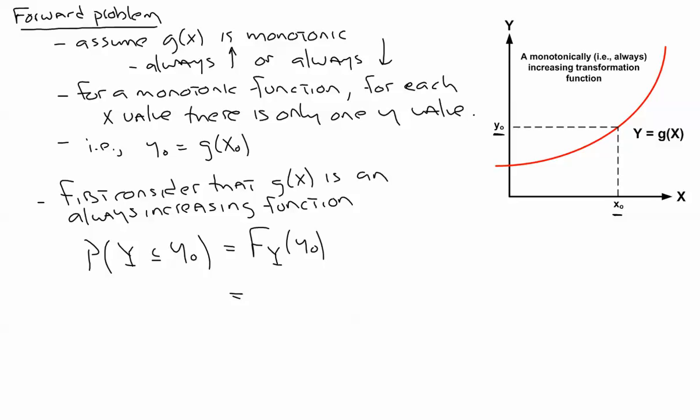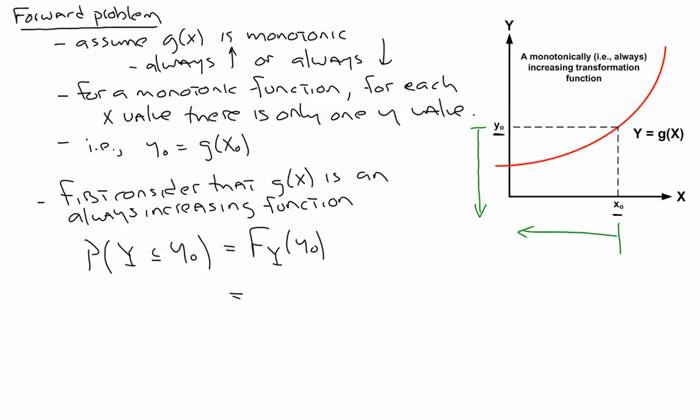Let's see if we can reason this out by looking at my figure. The probability that y is less than y naught, since I have a monotonically increasing function, I hope you'll agree with me that that is equal to the probability that x is less than or equal to x naught. For values of x less than x naught, I end up with a value of y less than y naught.